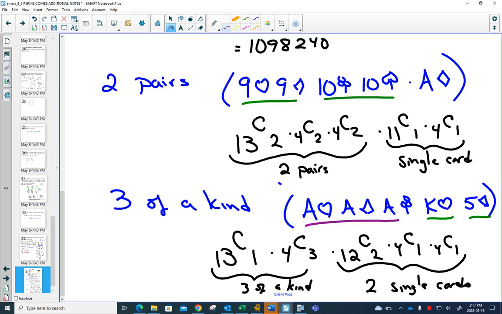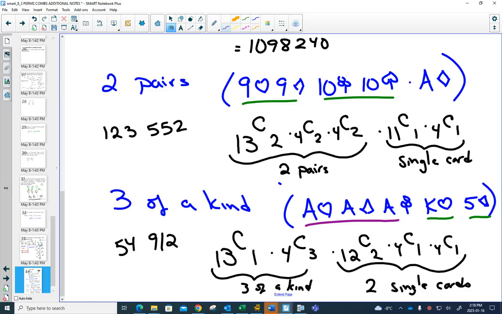And if I go to my calculator and I calculate the one above to figure out exactly how many there were, 13 choose 2. Okay, this one, 123,552. 54,912.